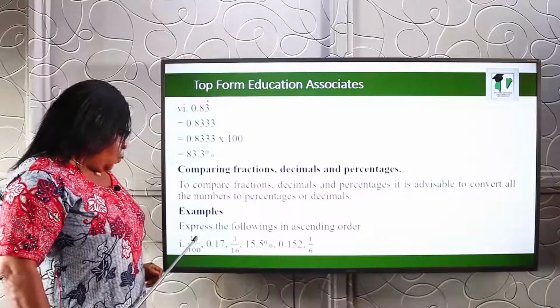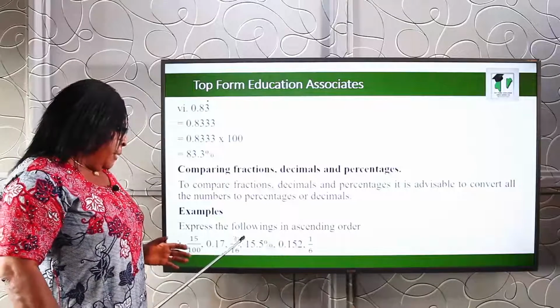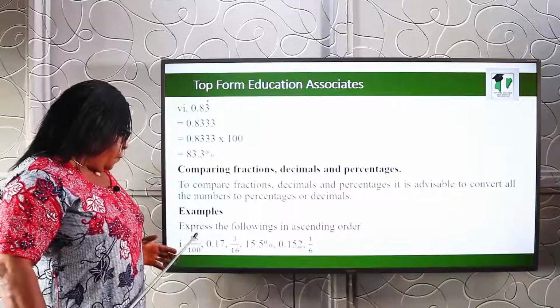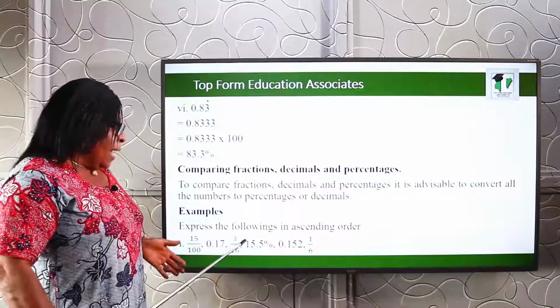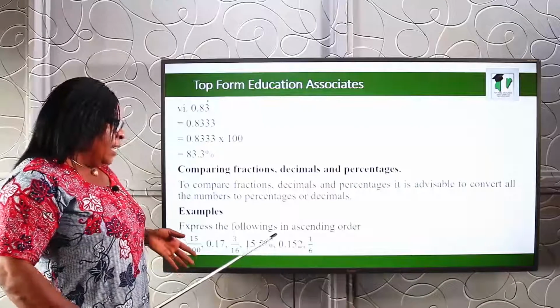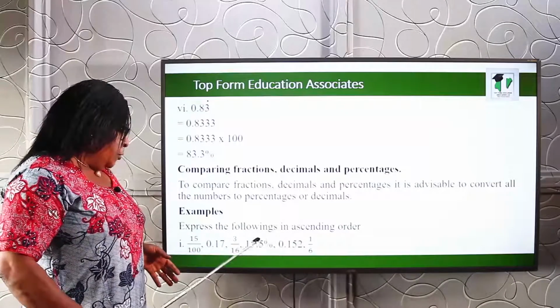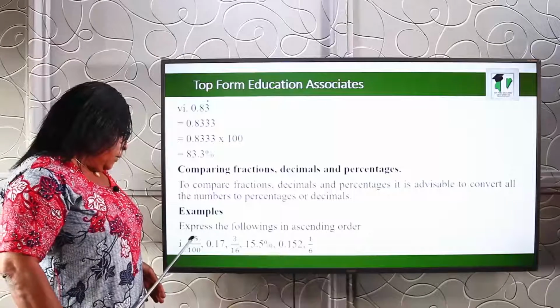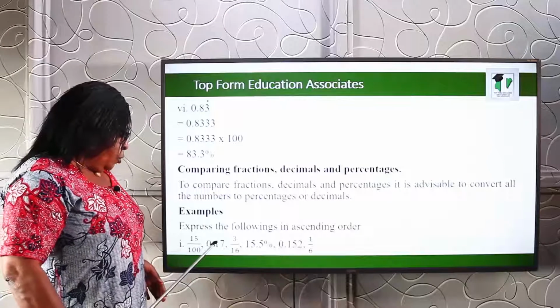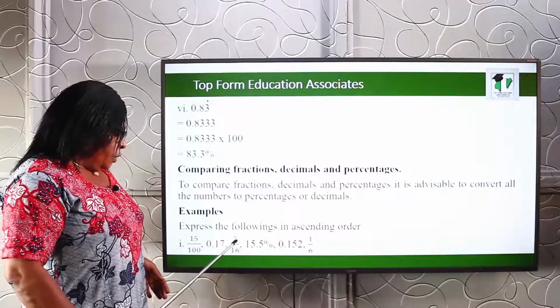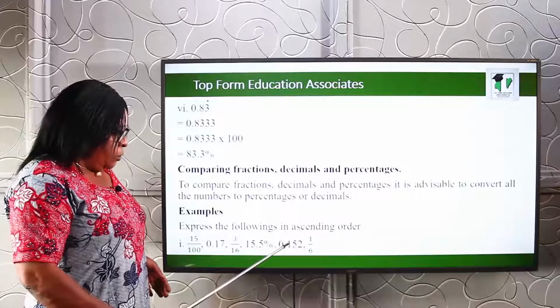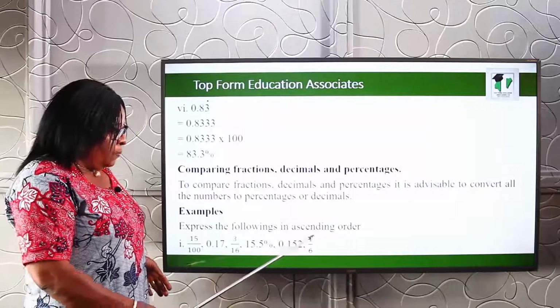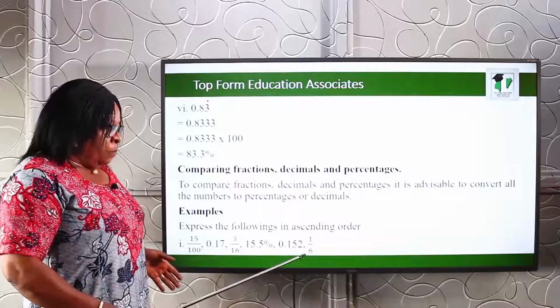Example 1, we have a mixture of fraction, percentage, decimal, but we are asked to arrange them in ascending order of magnitude. This example says 15 over 100, 0.17, 3 over 16, 15.5%, 0.152, and 1/6.